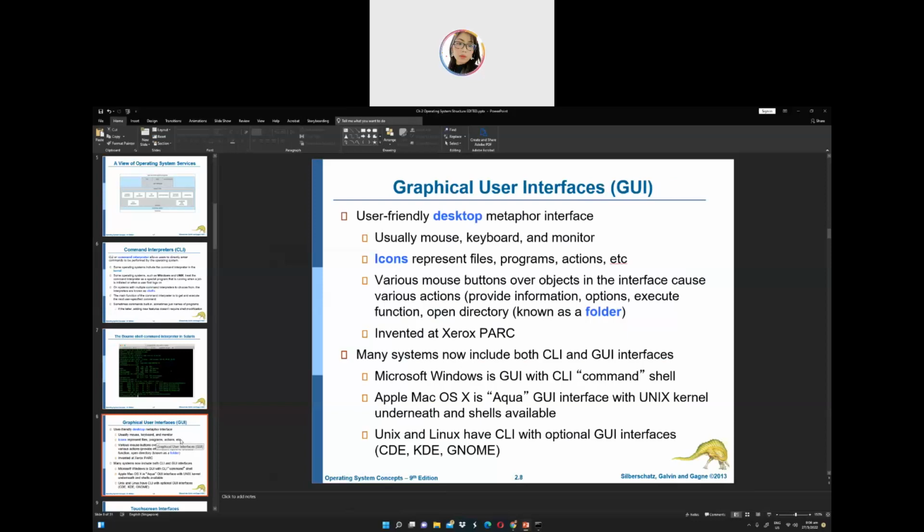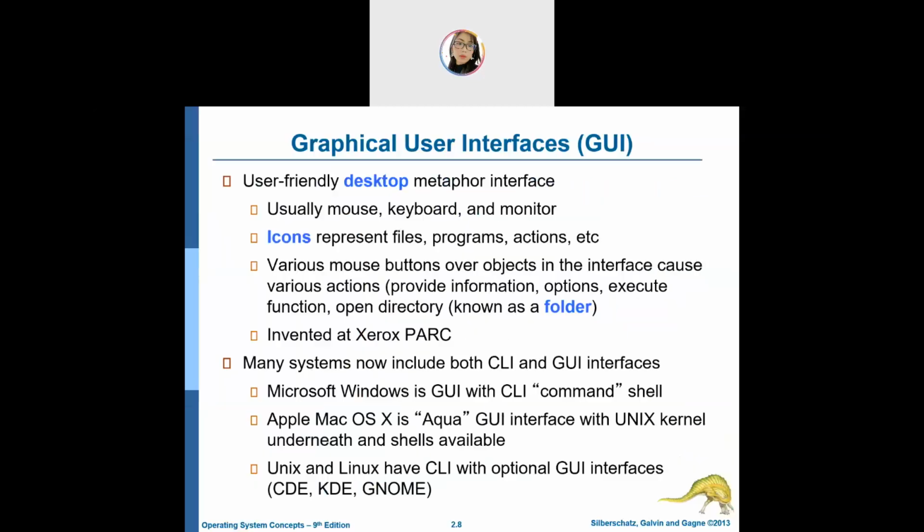Okay, now we have our GUI. The GUI is a user-friendly desktop, because we can see the pictures and its visual looks, and usually we play around with it. You have a mouse, the thing that you click around, and then the keyboard itself.